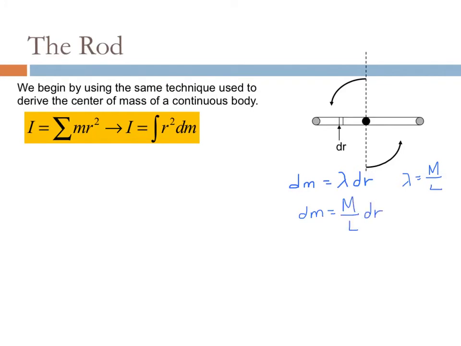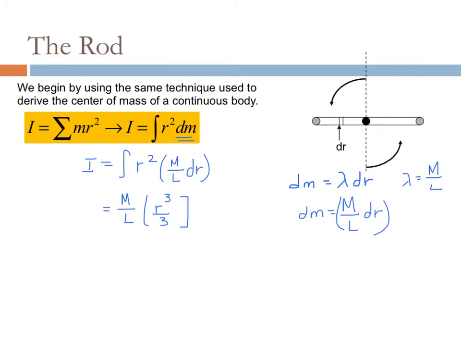So wherever we see dm, we're going to replace it with M dr over L. So that means that our moment of inertia becomes the integral of r squared M over L dr. And so now if we look at this, mass is a constant in this case, L is a constant in this case, and the only thing that changes is r. And so if we're taking the integral with respect to r, we get r cubed over 3.